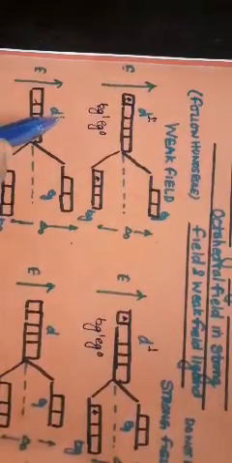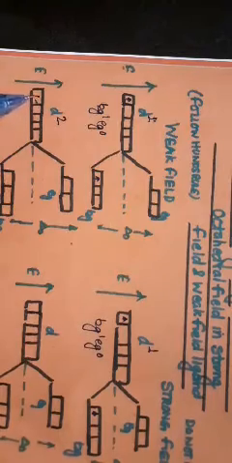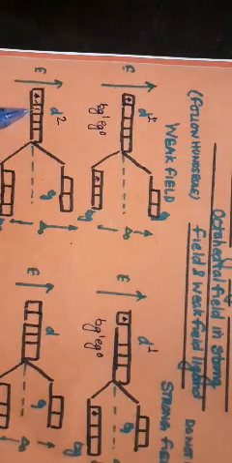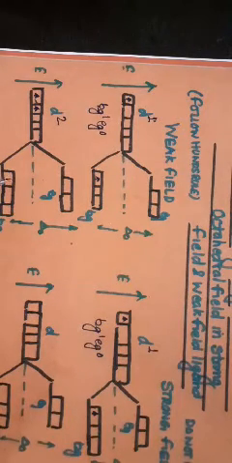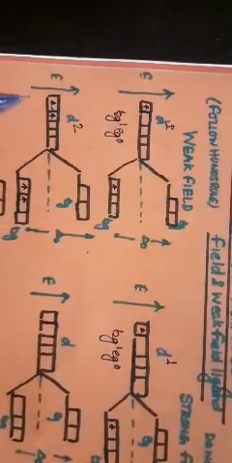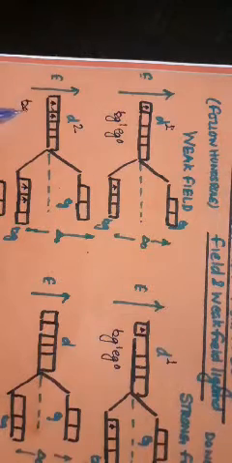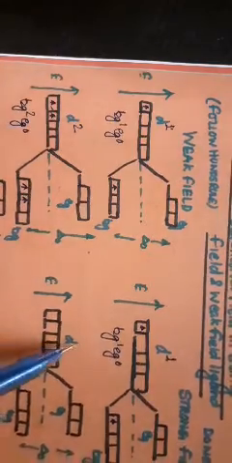For the d2 configuration in weak field, there are two electrons in two different d orbitals, and these two electrons in the t2g and eg sets can be arranged such that in the t2g set there will be two electrons, and the electronic configuration will be t2g2 eg0.